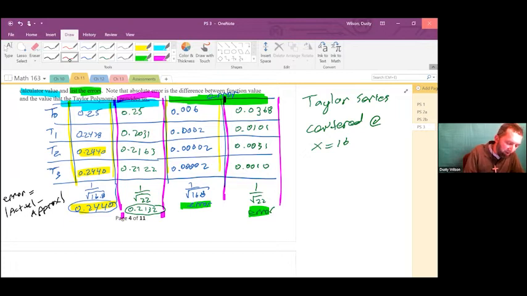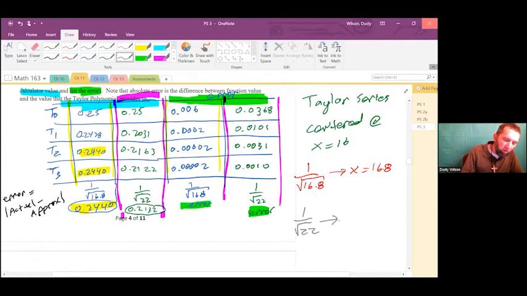We looked at 1 over the square root of 16.8, which would be like saying x equals 16.8. And we also looked at 1 over the square root of 22, which would be like saying x equals 22. And what I want to point out is that in the case of the red one, 16.8, we're very close to the center point of x equals 16. We're close, and we have pretty small error.